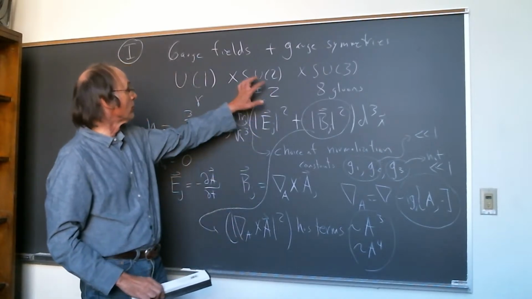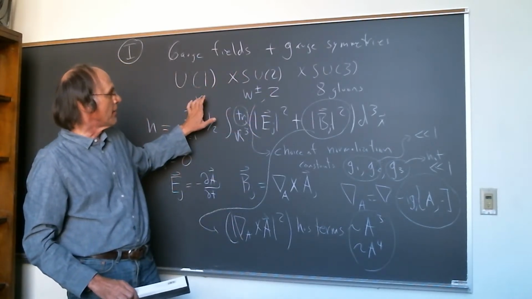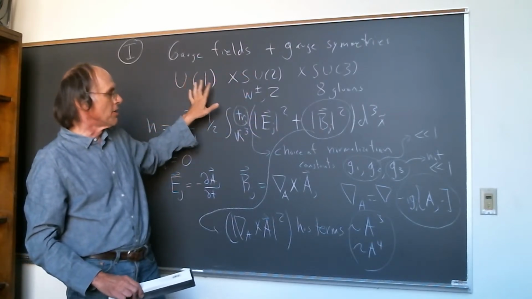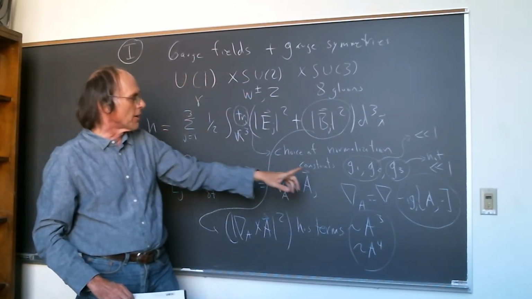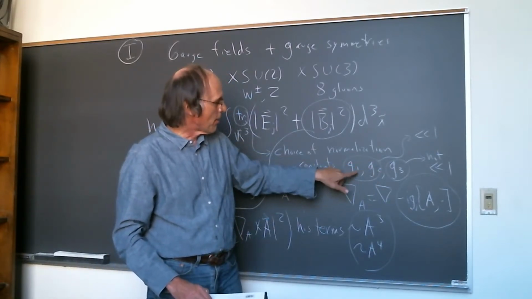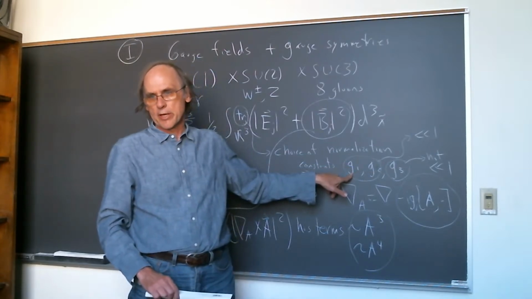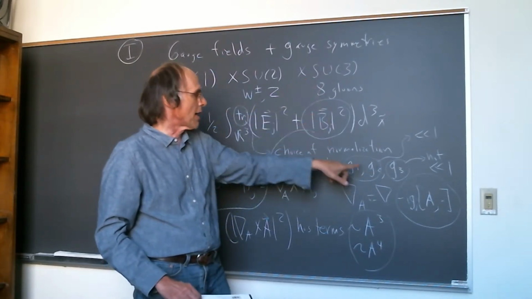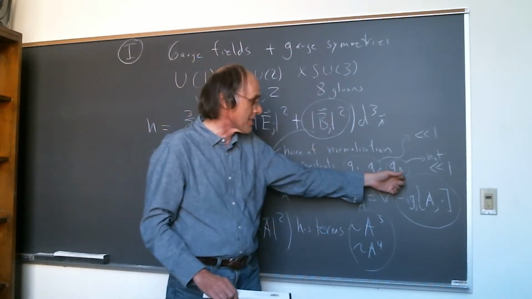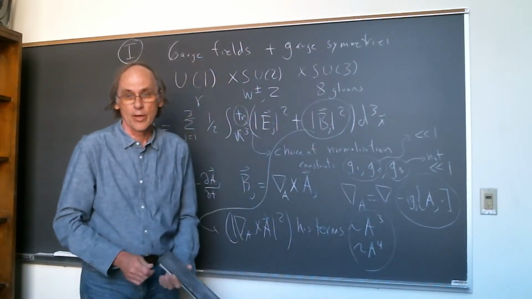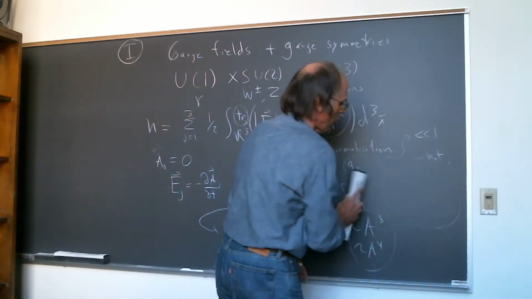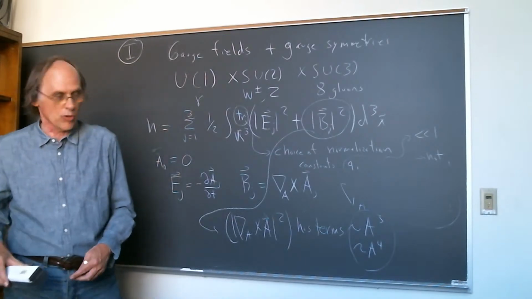So for the electromagnetic and weak interactions, you can try and develop a calculational method based upon these guys being small numbers, but for the strong interactions, that's not going to work at all, because the relevant version of this guy is just not a small number.